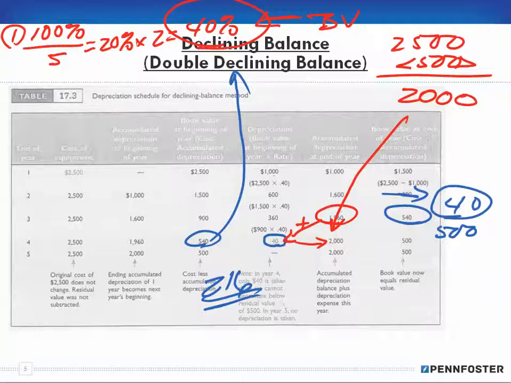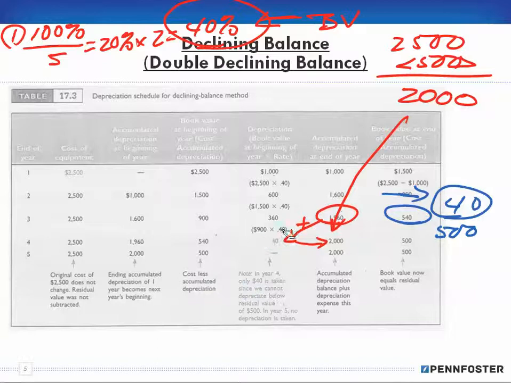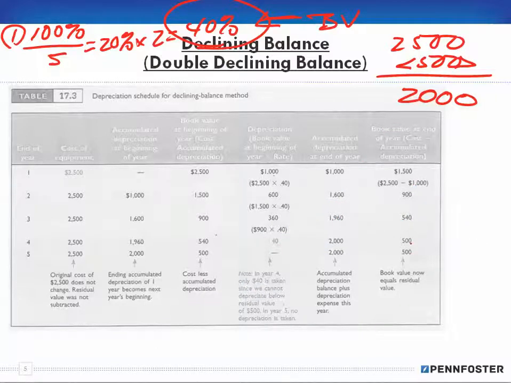And when I do that, in year 4, I have my 2500 less my accumulated depreciation of 2000, which hits me right on my salvage value or my residual value of $500. Okay. Now, I am going to carry the 2000 over into year 5 and the book value into year 5.